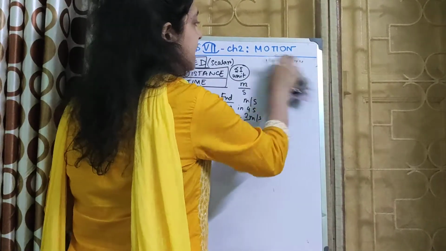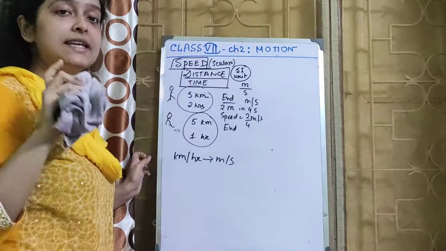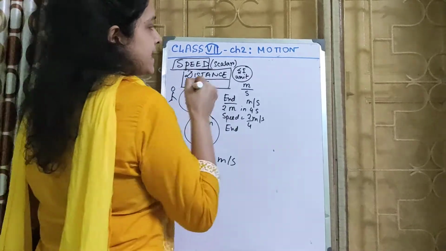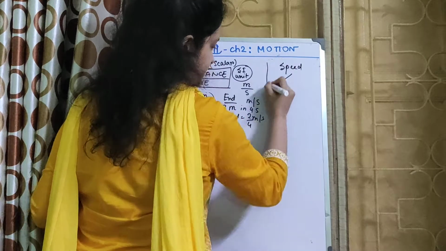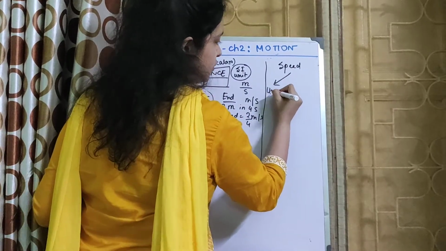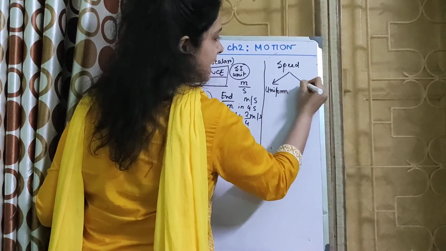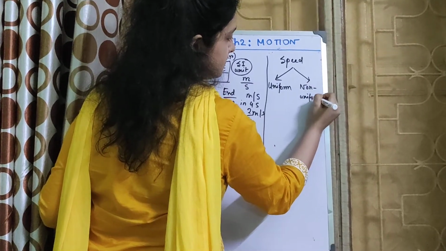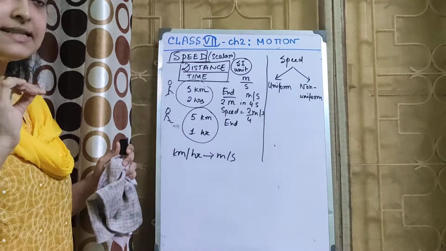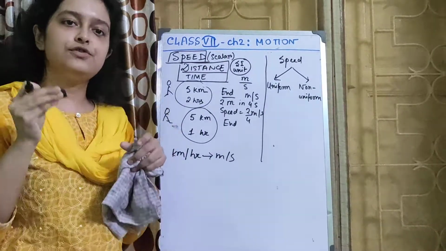Now, let's come to the two different cases. Speed can be uniform and can be non-uniform. Uniform means suppose you are traveling.